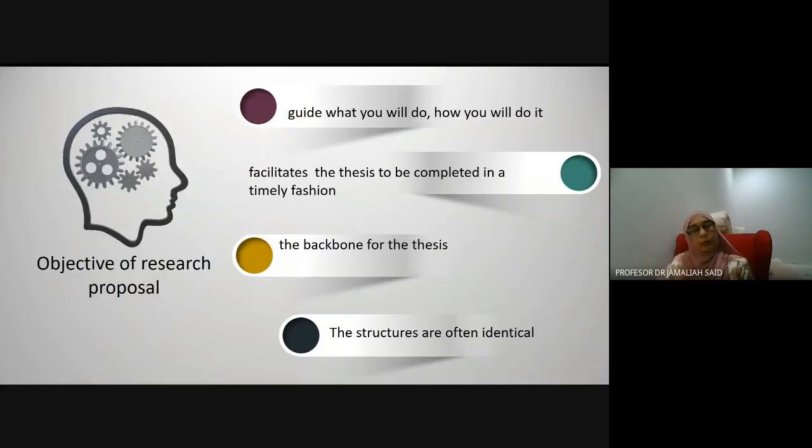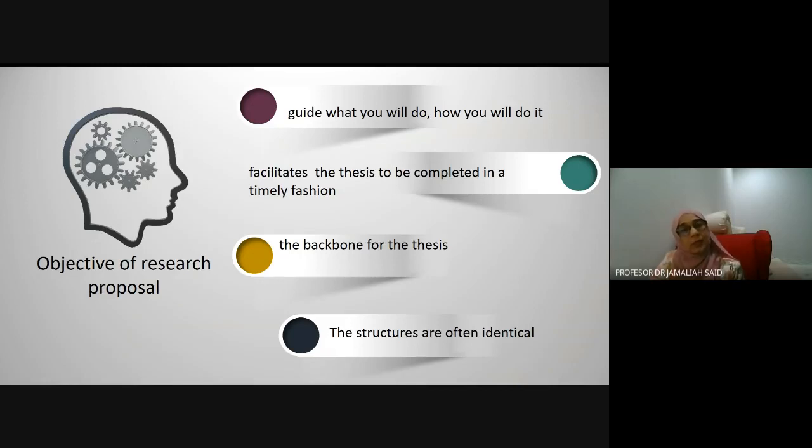Basically, we prepare a research proposal first to guide us on what we are going to do now and the next step. From the research proposal, you are able to plan when you are going to do what. For example, in semester 1, I have to finish a certain level of output. In the second semester, I have to do the DRP if you are a full-time student.